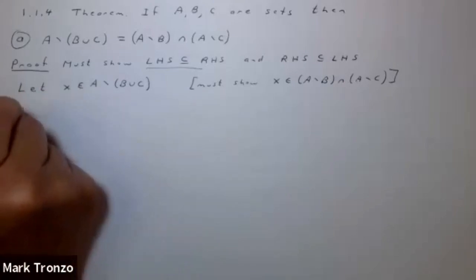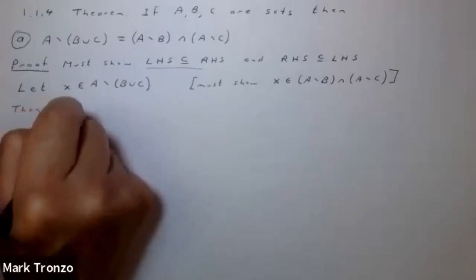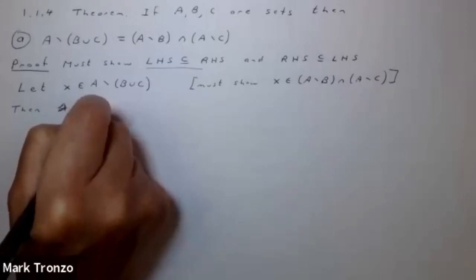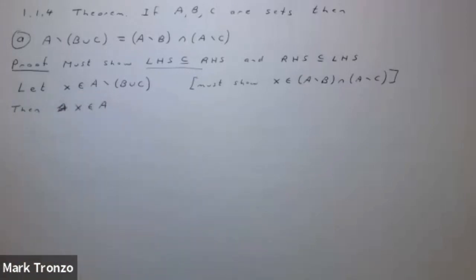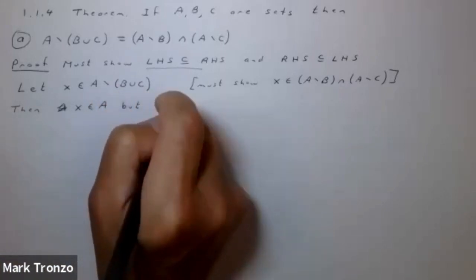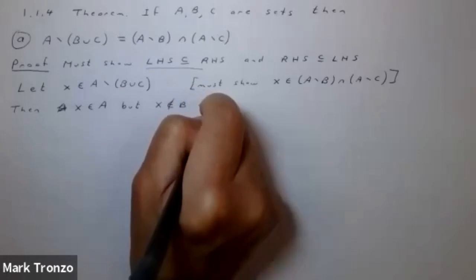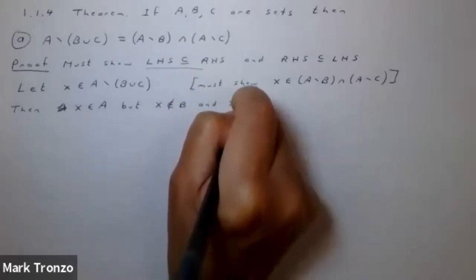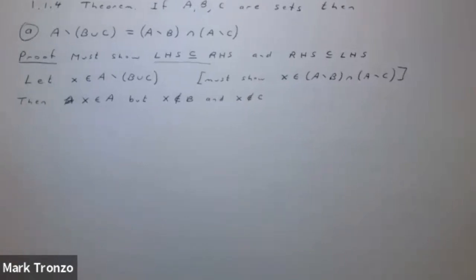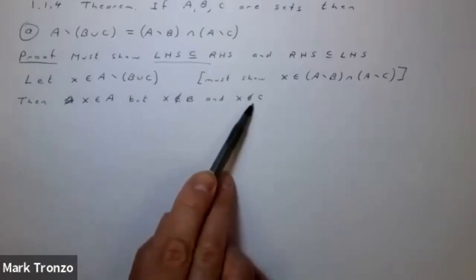Just using our definition, that means x is an element of A, but x is not an element of B, and x is not an element of C. Because if you look at that definition, if something is in that set, it's got to be in A, and since there's a union here, it can't be in B and it can't be in C.